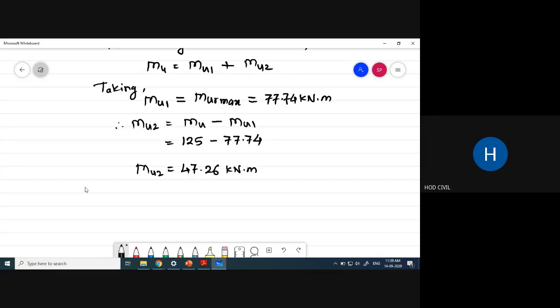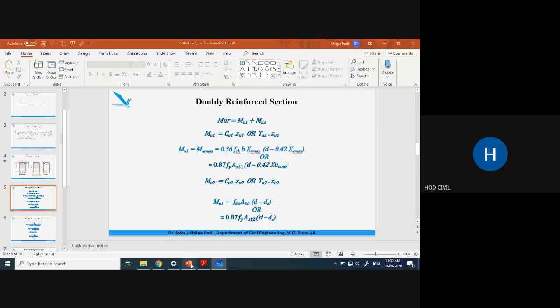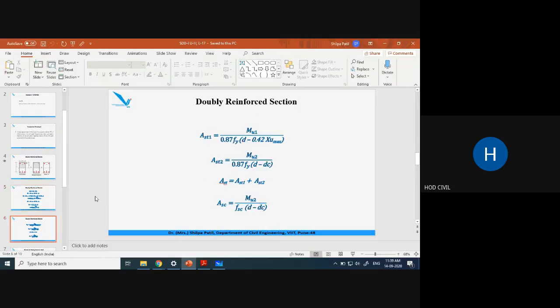Okay, so I know now mu1 value, I know mu2 value. I can find out now AST. You have already the formulas for AST1 and AST2. So we can simply find out AST1 by making use of the formula. I will go back to the slides which I have shown, and I have shown the formulas also. So AST1 formula is this and AST2 is this. So let us make use of these formulas to find out AST1.